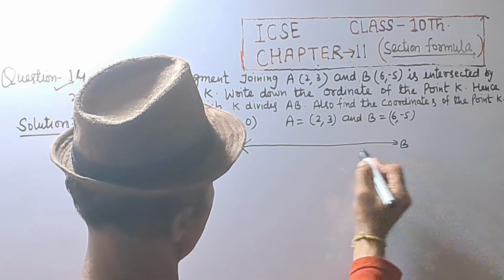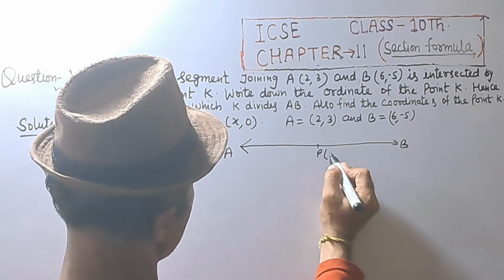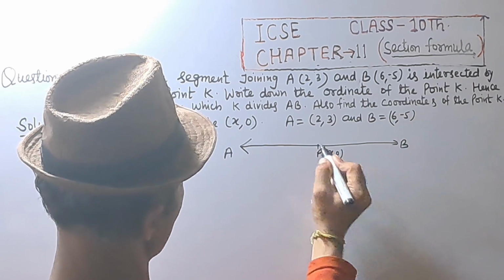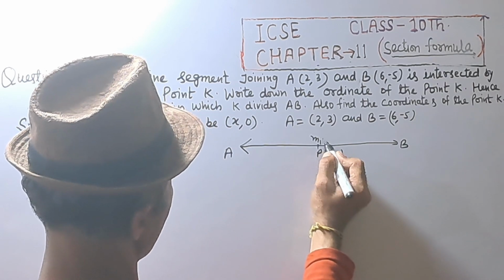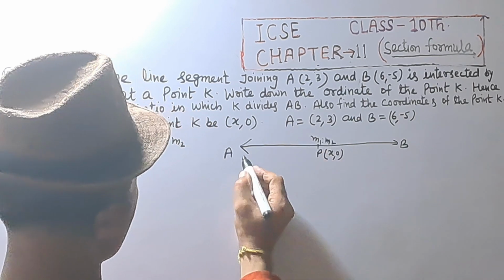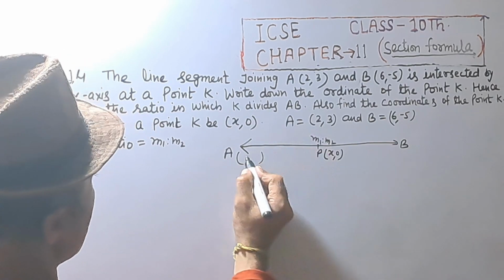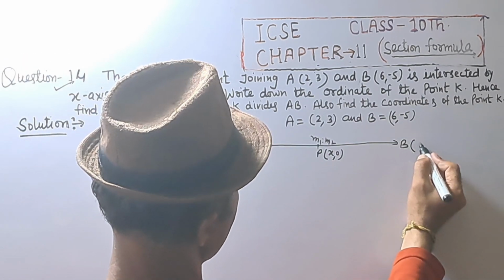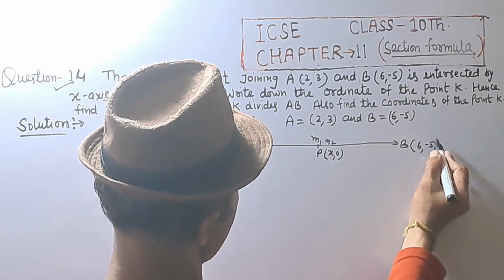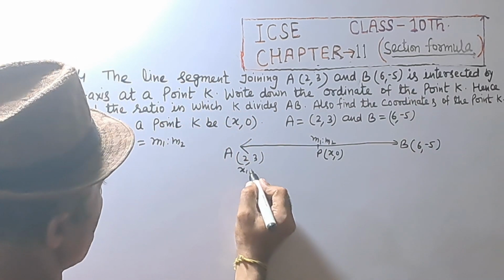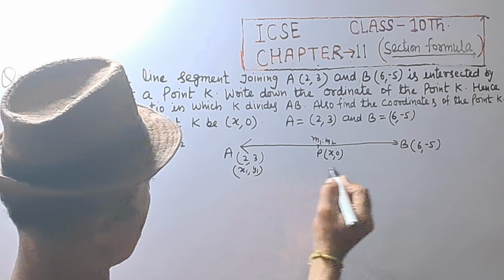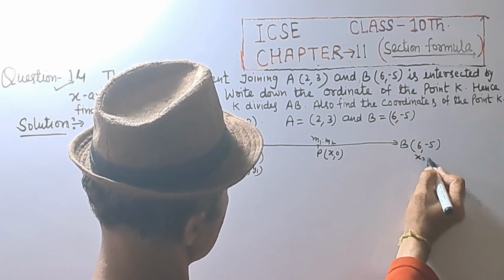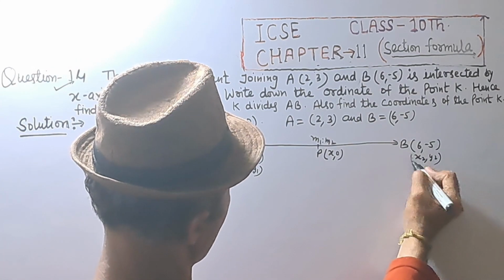A, B, point P, that is (x, 0). Ratio is M1 ratio M2. A point is given, that is (2, -3) and B point is given, that is (6, -5). It's (x1, y1) and (x2, y2).